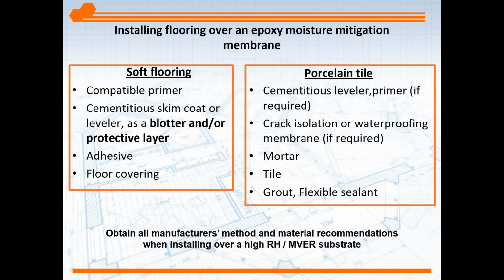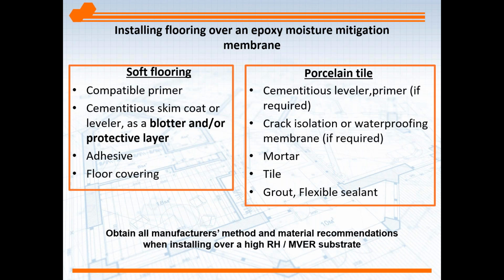And once the membrane is fully cured, depending on whether you're doing soft flooring, meaning something other than porcelain tile, there are various products that should be used. Potentially a primer on the left there for soft flooring, a cementitious skim coat or a leveler that protects the moisture mitigation membrane, your adhesive for the flooring system, and then finally your floor covering.